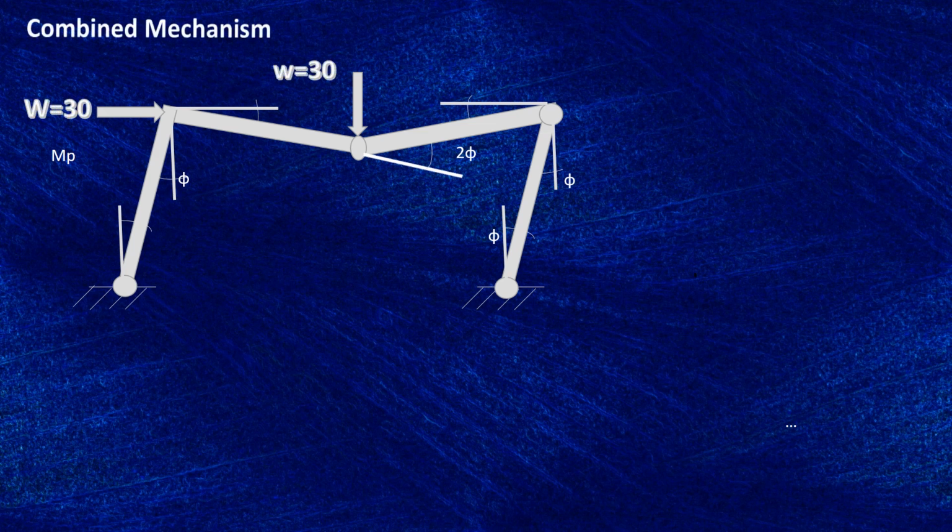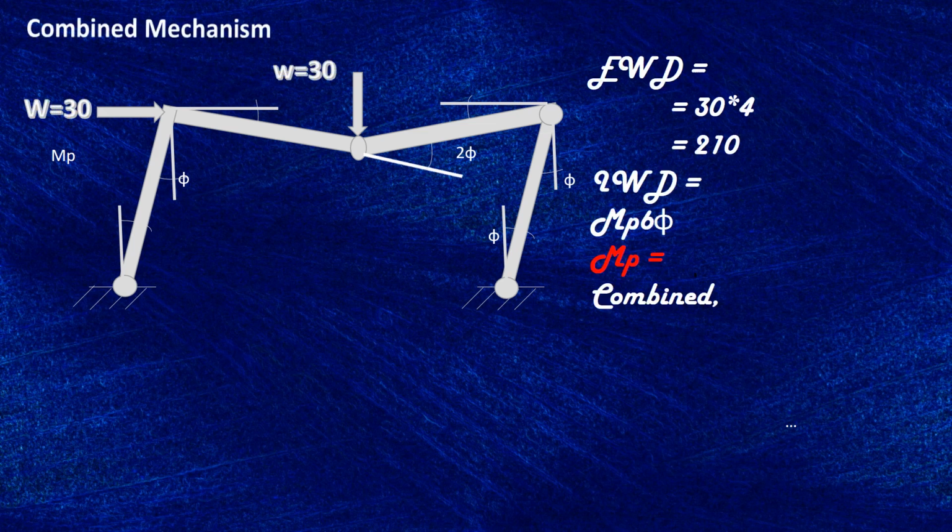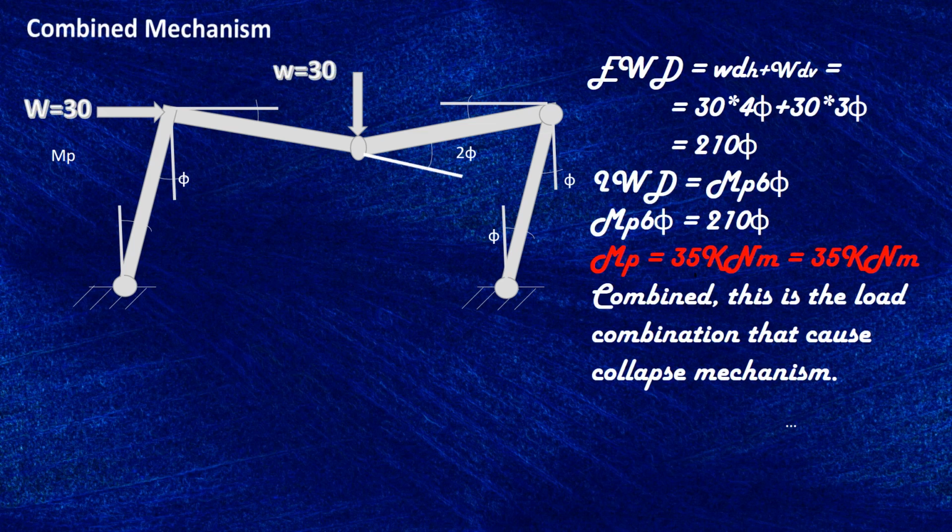Let's see the combined case. In the combined case, when we apply both vertical and horizontal loads, we equate the external work done and the internal work done: 30 times 4 theta plus 30 times 3 theta, which is 210 theta, equals internal work done, Mp times 6 theta, as we have seen earlier on.